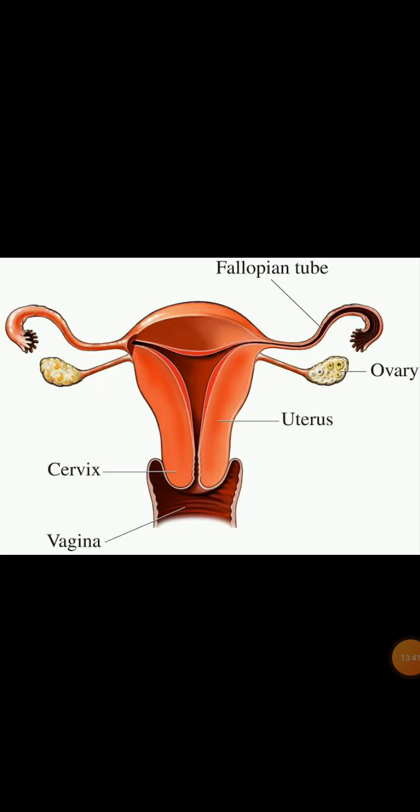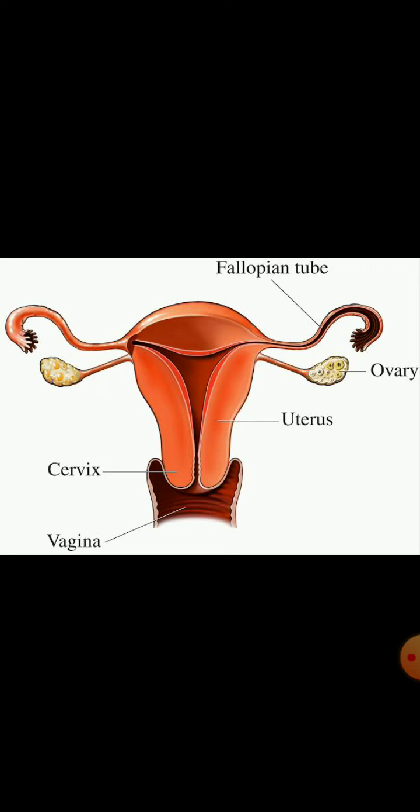As we know, the fusion of sperm and ovum takes place in the fallopian tube, then it gradually becomes an embryo and then it comes into the uterus. So, the uterus prepares itself every month to receive and nurture the growing embryo. Once the embryo is in the uterus, the development of the embryo takes place there.